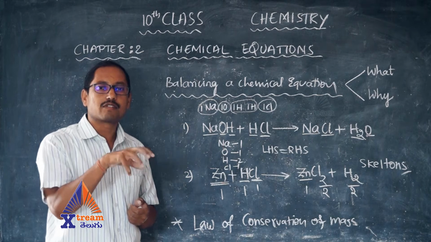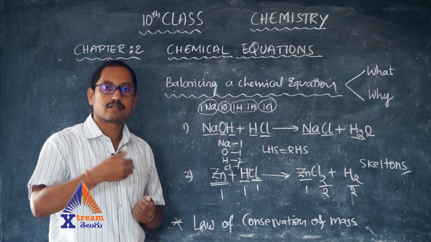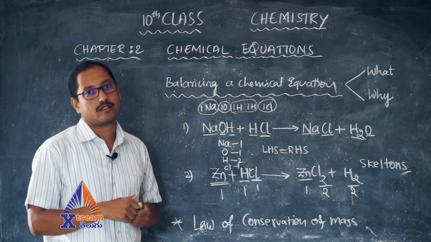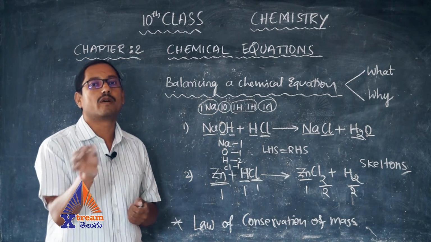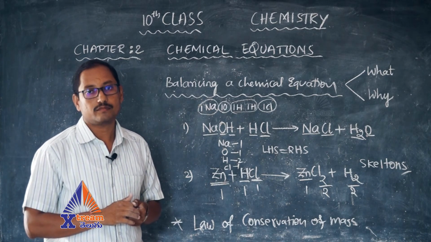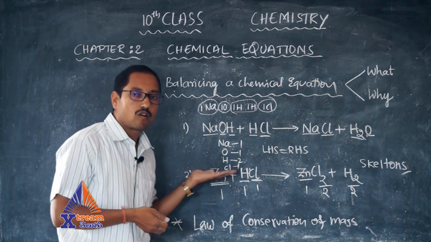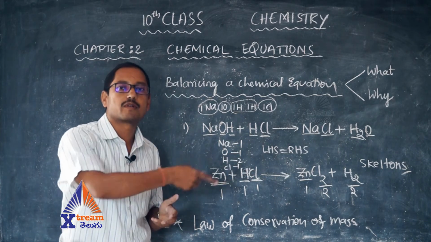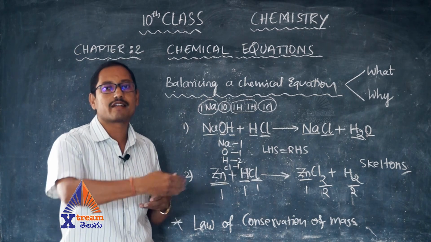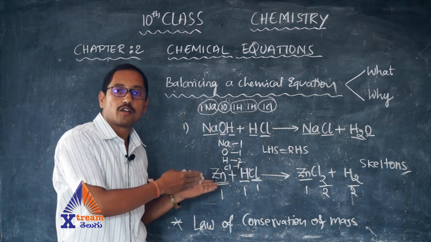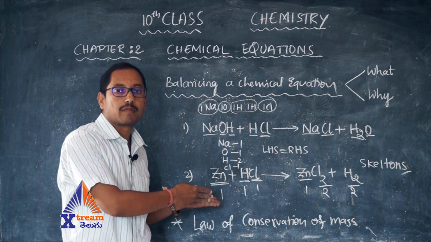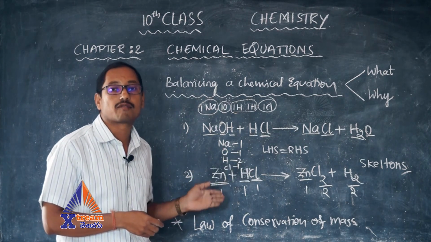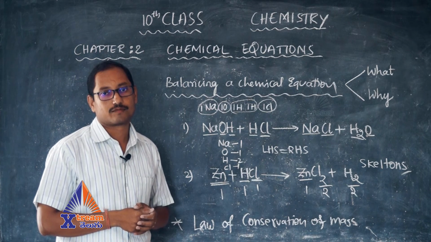So the number of heads at the starting of the journey should be equal to the number of heads by the end of the journey, provided no one entered the bus and no one exited the bus. In the same way, as we are not adding or drawing any chemical substances during a chemical reaction, the number of molecules present on the LHS side must be equal to the number of molecules present on the RHS side. This is called the law of conservation of mass.